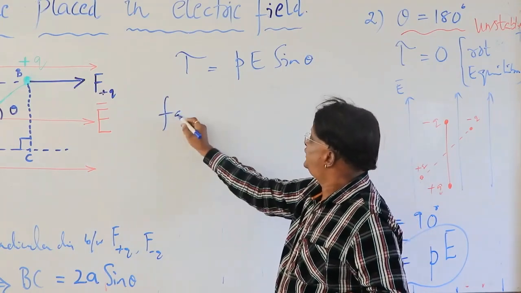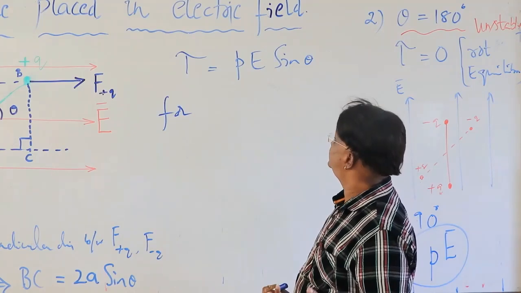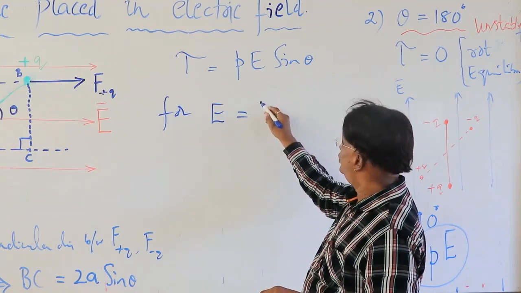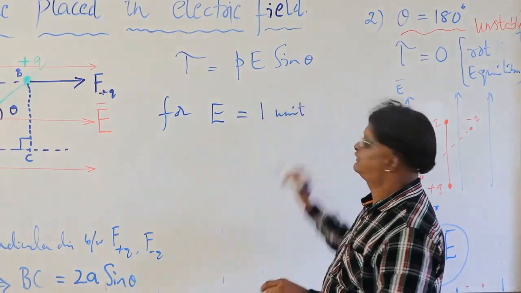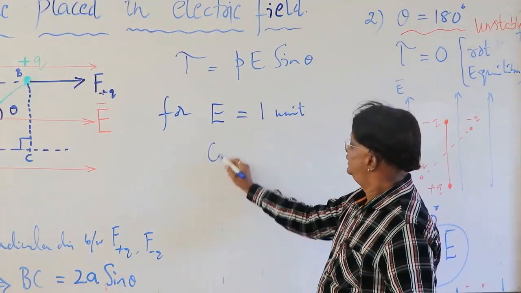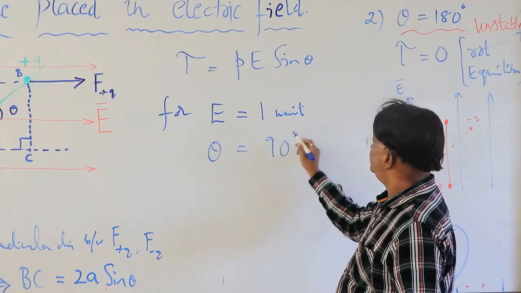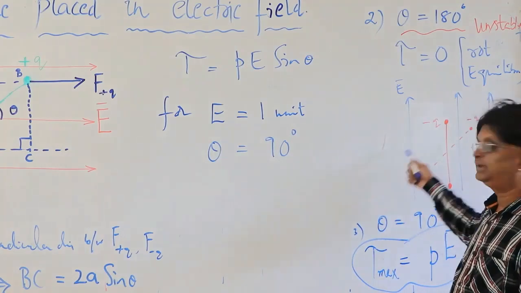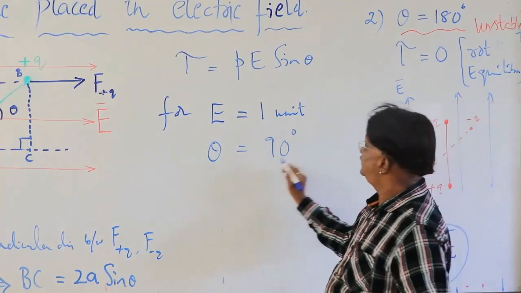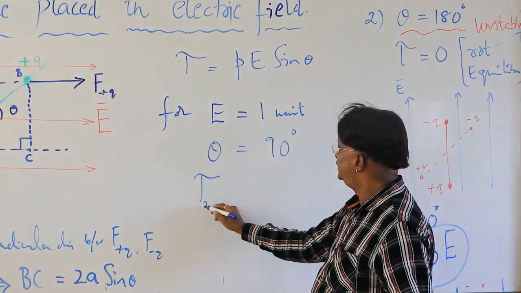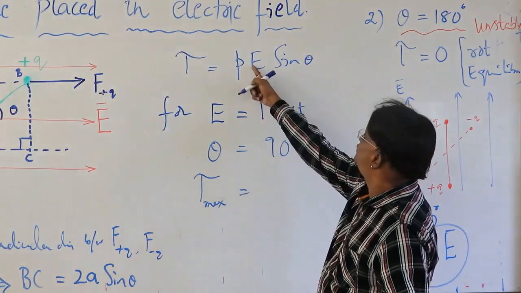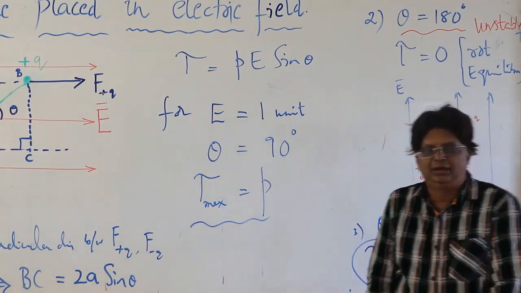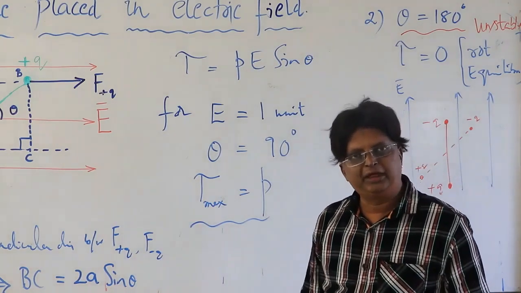Now, I am writing a special condition such as for E is equal to 1 unit, theta is equal to 90 degrees. Of course, as earlier said, tau maximum for theta is equal to 90. Then this tau maximum is equal to P. Now this is our definition of dipole moment.